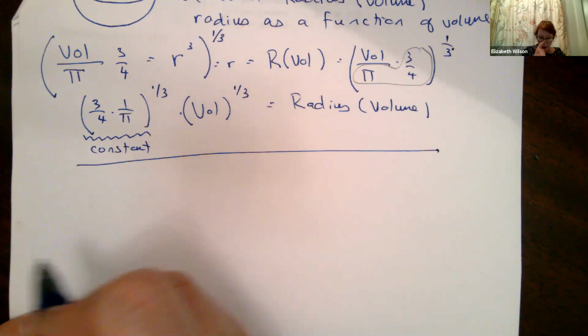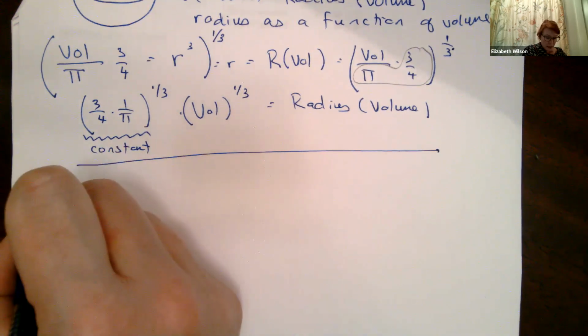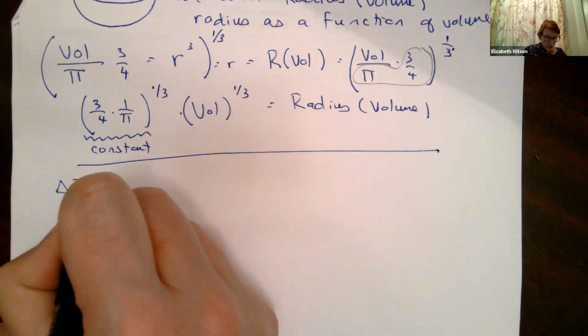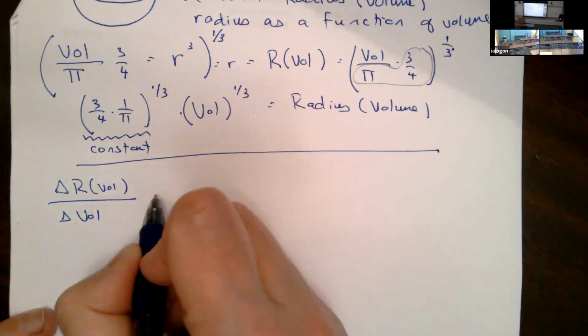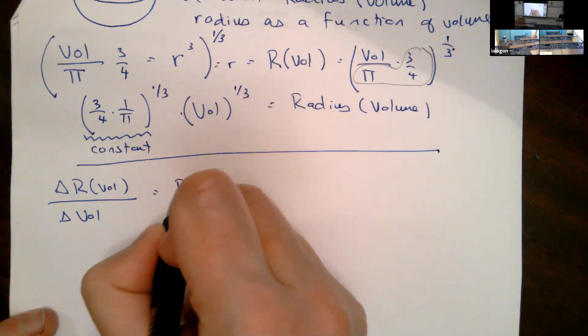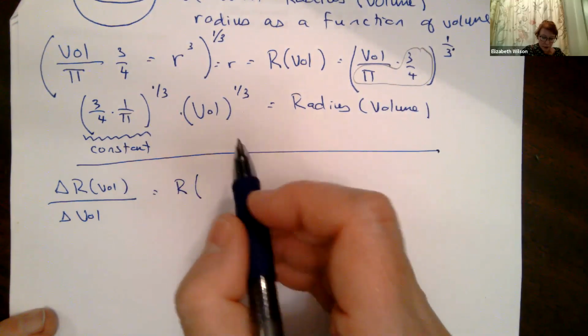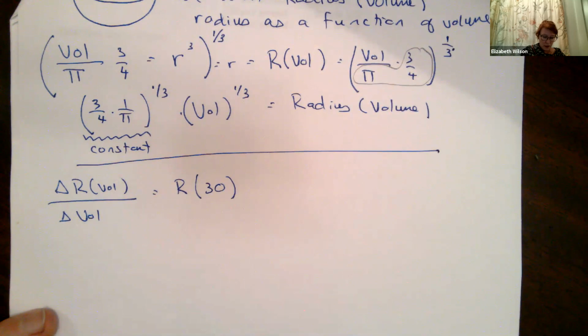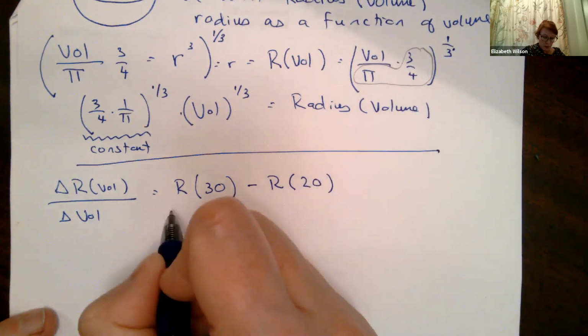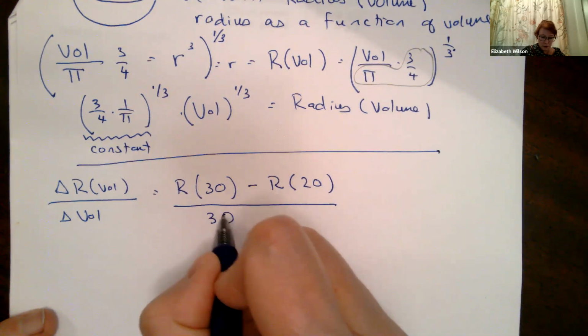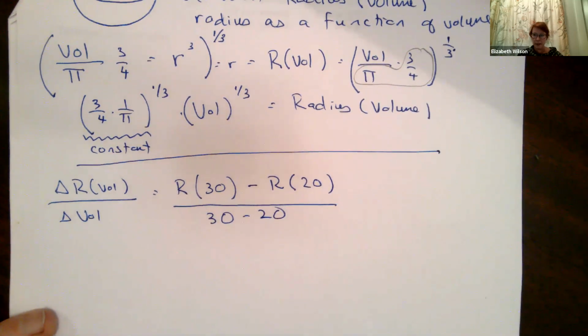All right, so now the average rate of change that we're looking at is our delta radius as a function of volume, all over delta volume. So let's write that out. I'm going to write my radius when the volume is equal to 30 cubic inches, minus my radius when the volume is equal to 20, all over the change in volume, 30 minus 20.